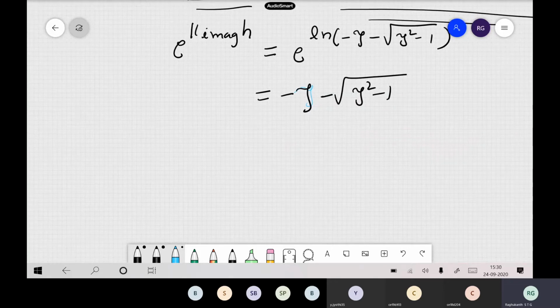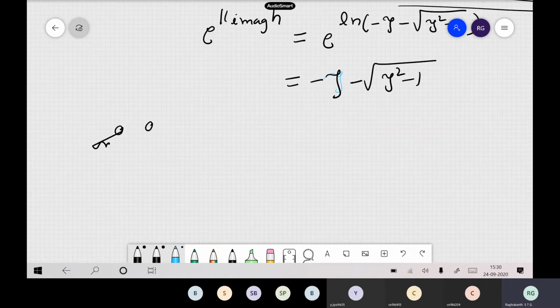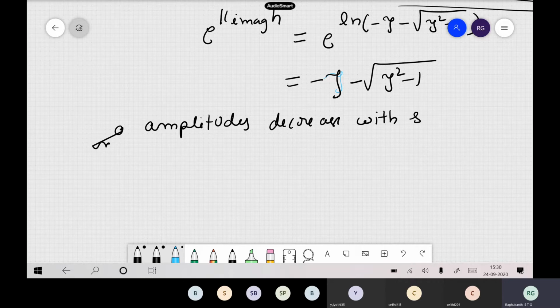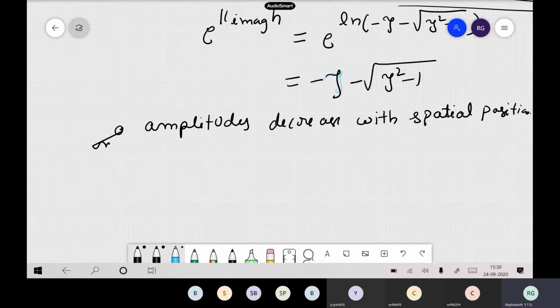The only thing is the amplitudes decrease, exponentially, with spatial position. So the scheme is stable only. It automatically decreases, but still there is a dispersion here given by that expression.